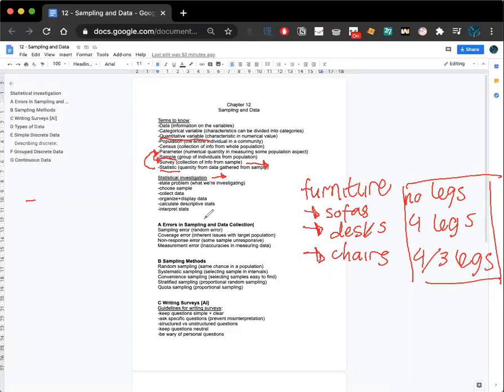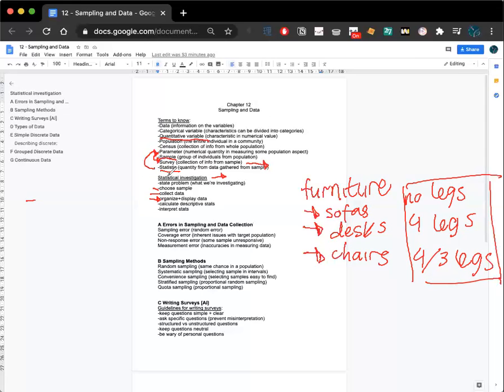Then you need to choose a sample that helps reflect the population you want to investigate. And after choosing samples, you collect the data that you want and organize it in a way where you can display it.